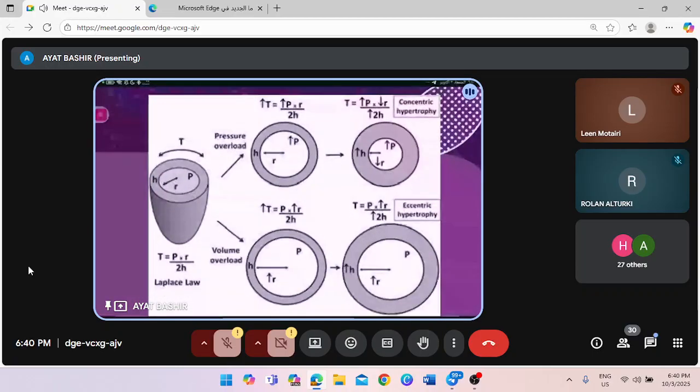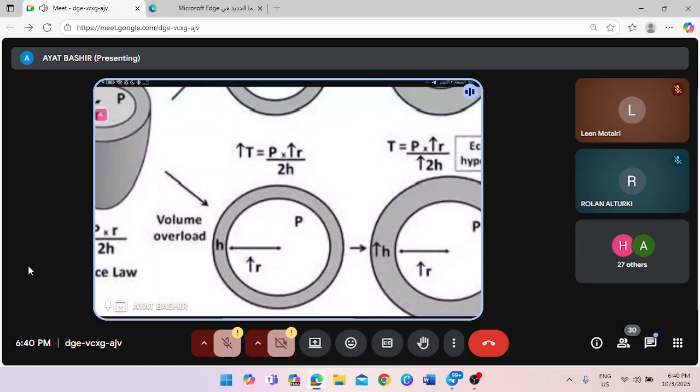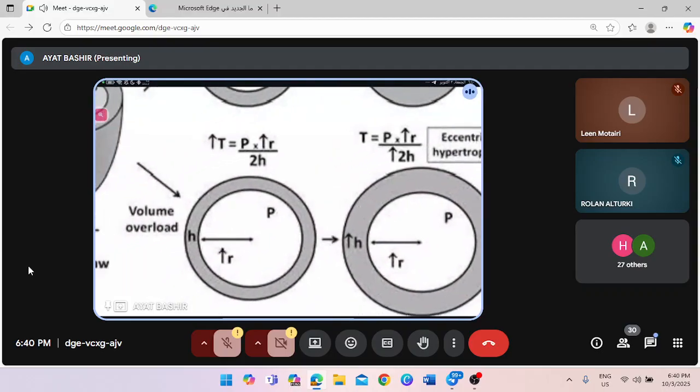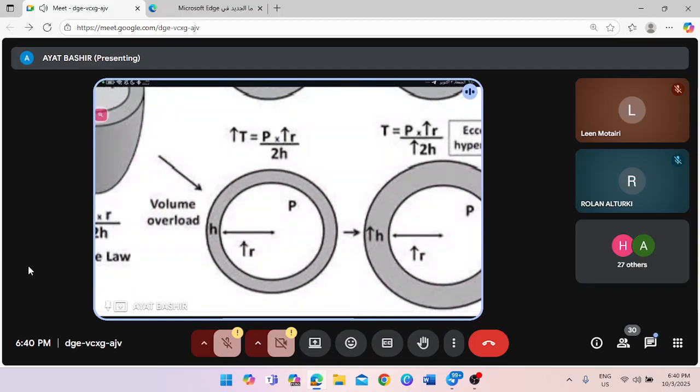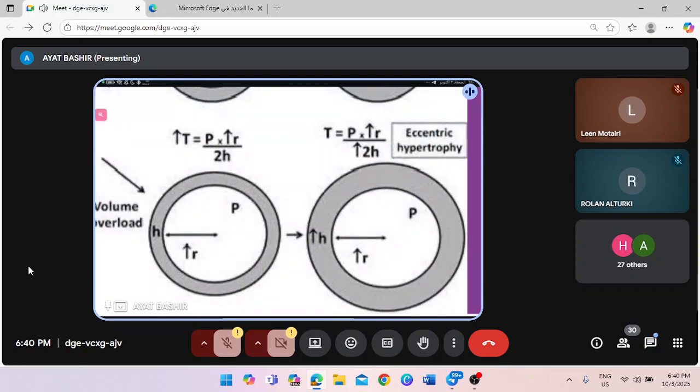But if we have volume overload, what will happen here? Also the T is high, meaning there is high stress in the heart. Because we have volume, the radius will increase to overcome this volume overload, but also we will have thickening in the wall, عشان تستحمل هذا volume overload.